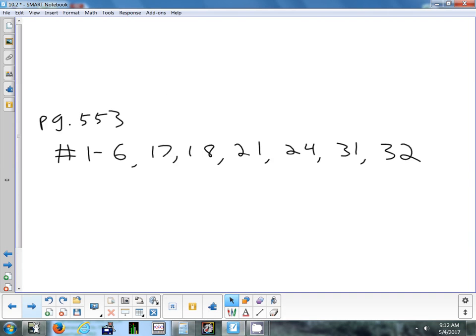All right, so homework. Just double check. Page 553, 1 through 6 is just describing an operation. So it's like, what would you add to row 2 to cancel out what's in row 3? So it's not actually doing a problem, so don't think that that's 6 problems. 17 is a 2 by 2 system. 18 is a 2 by 2.